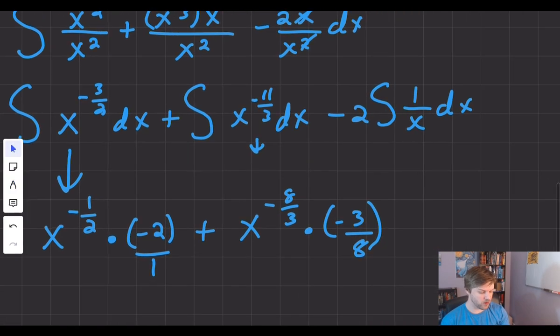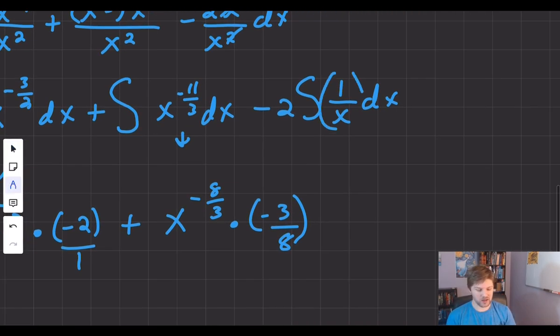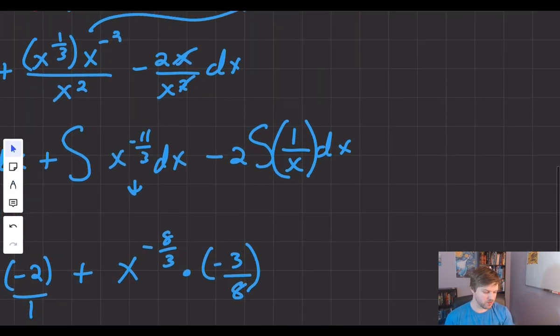And now this one, the reason that I included this in our question here is because a lot of people might want to at first try to use the reverse power rule with x to the -1, but you cannot do this. This actually has a special rule with it, and this becomes -2 times the integral of 1/x, which is the natural log of the absolute value of x.